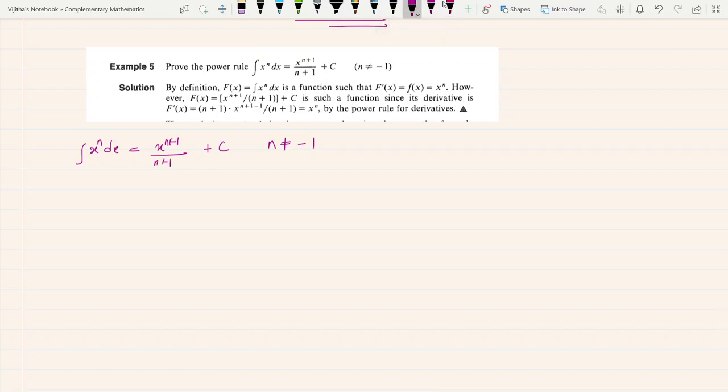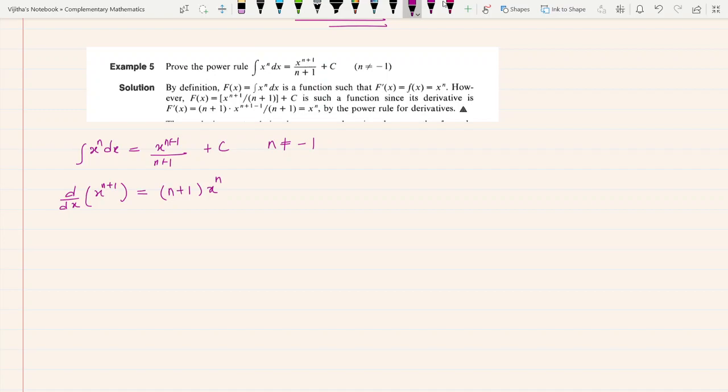So we know that d by dx of x raised to n plus 1 is n plus 1 into x raised to n plus 1 minus 1, so it is x raised to n. Now we have to find the function whose derivative is x raised to n.